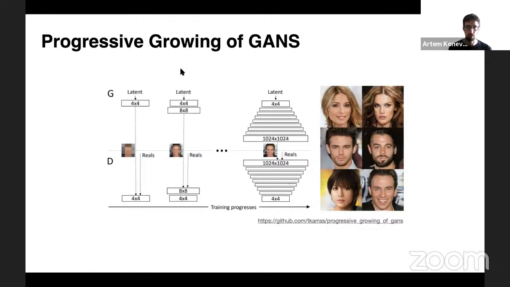It is first trained to generate small pixels, then the next pair of generator and discriminator uses the knowledge of the previous one and generates a bigger picture, but it already knows the structure of the images, and it just updates the details.